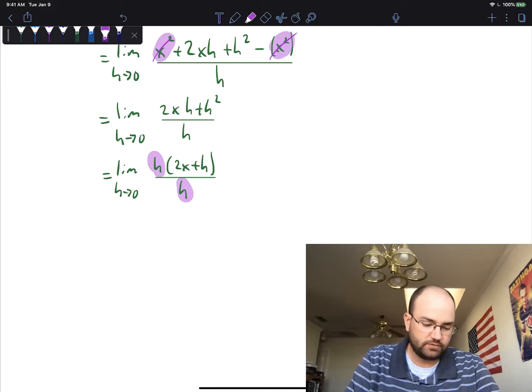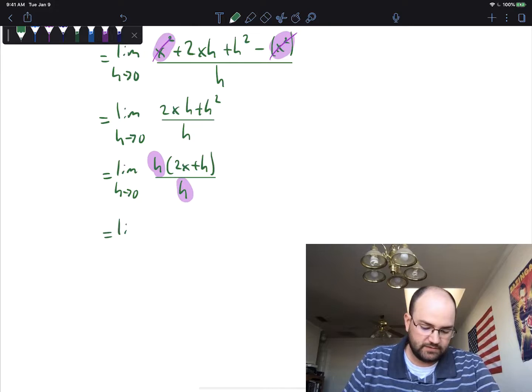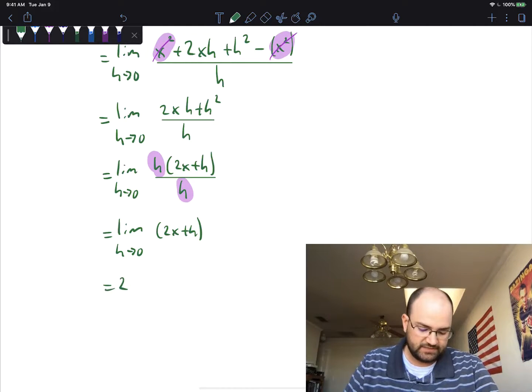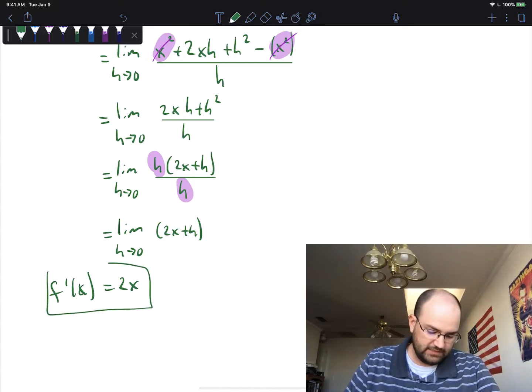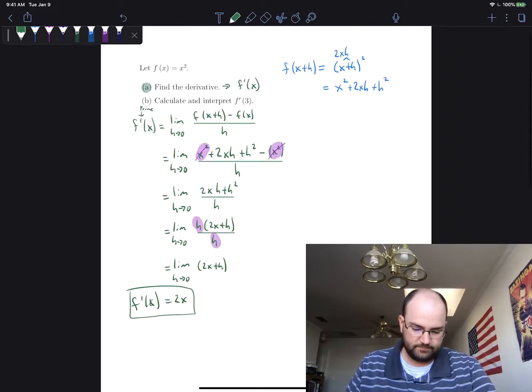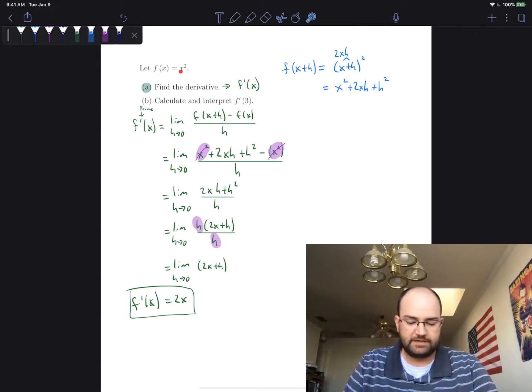They cancel each other, and that's going to give us the limit as h goes to 0 of 2x plus h. Now just plug in h to be 0, and that gives us 2x. And this is, in fact, f prime of x. So f of x equals x squared, f prime of x equals 2x. Good.